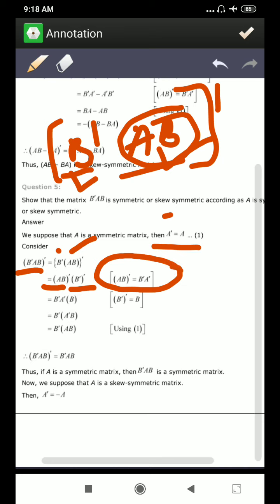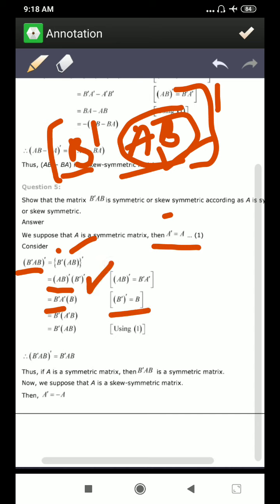A into B, we have taken as one matrix only while applying this formula. So it will be AB whole transpose into B transpose whole transpose. Now you move further. You write this AB whole transpose is equal to B transpose into A transpose, and B transpose whole transpose is B only.